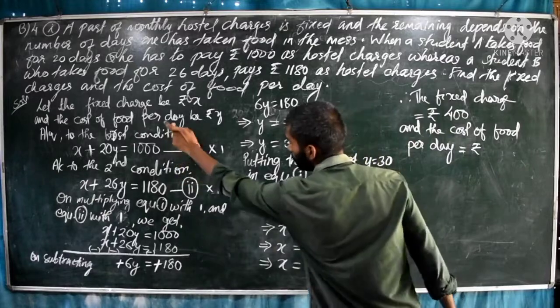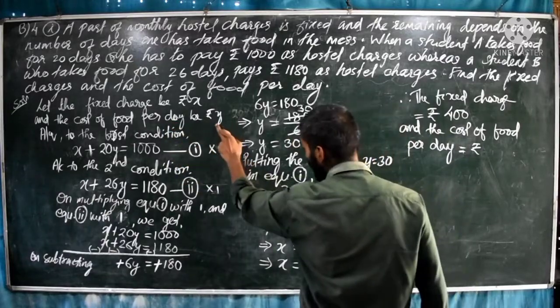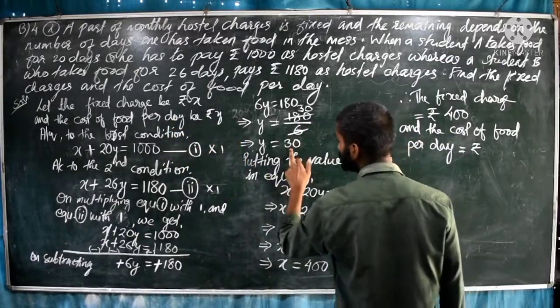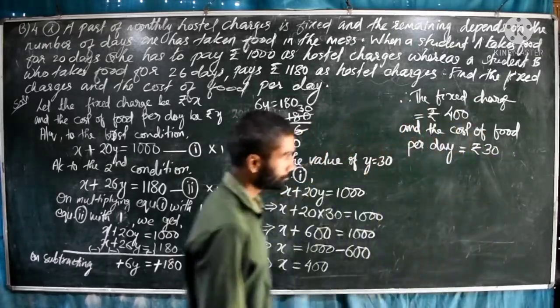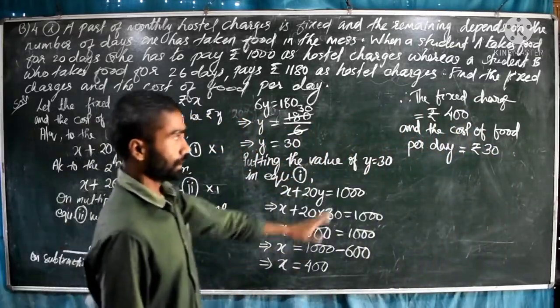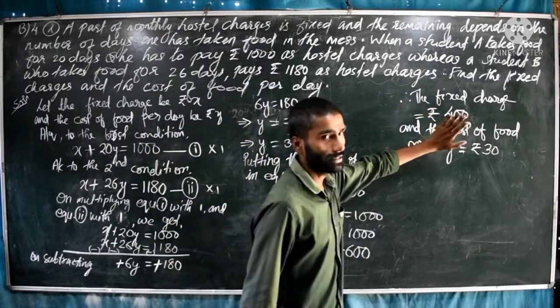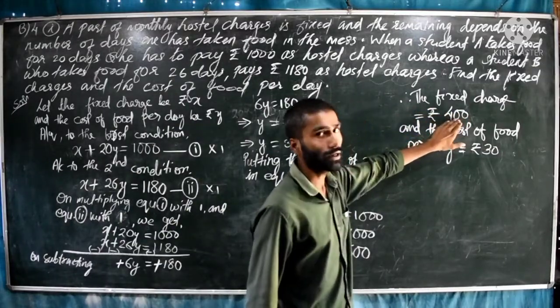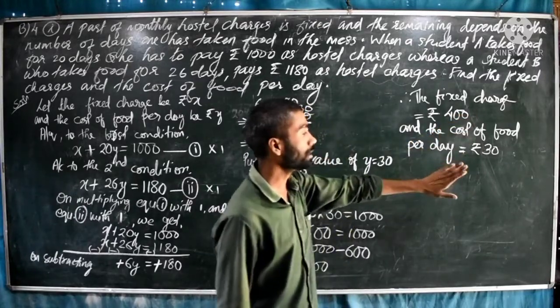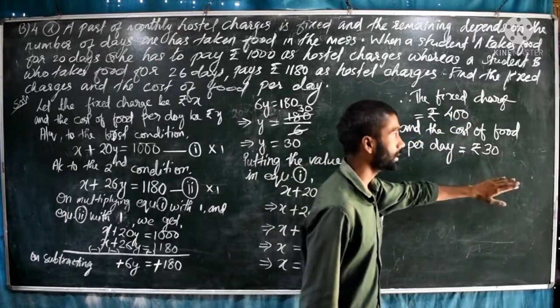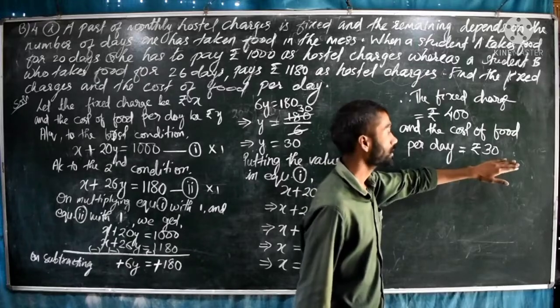For food we took it as y, and the value of y we got here is 30. Now here the fixed charge that she has to pay for staying there is rupees 400, and the cost of food per day is rupees 30.